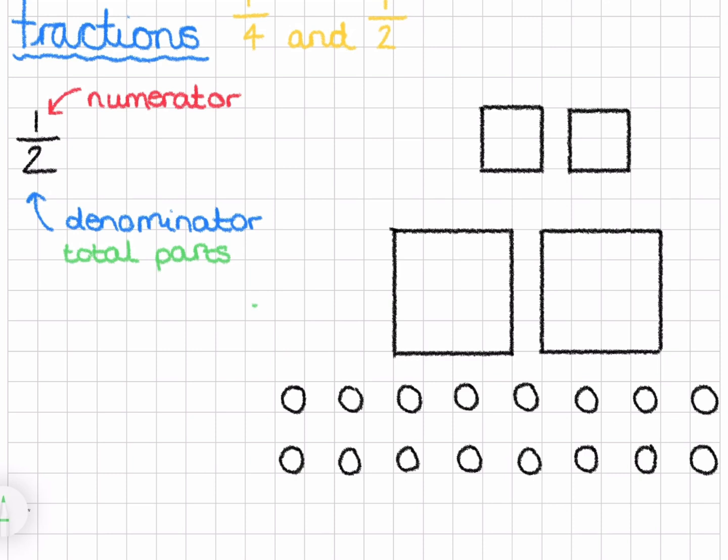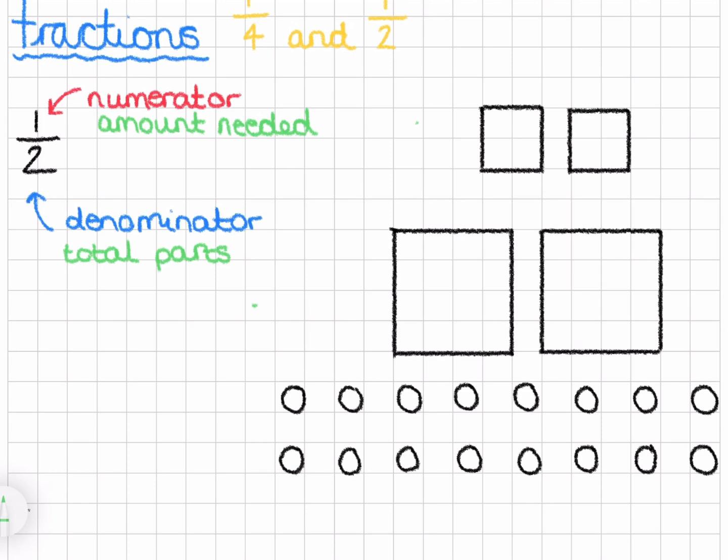Out of the total parts, in this case it would be the shaded amount of parts. We'll put amount needed, and then you can see that we have the fraction 1/2. We need 1 part out of 2 total.